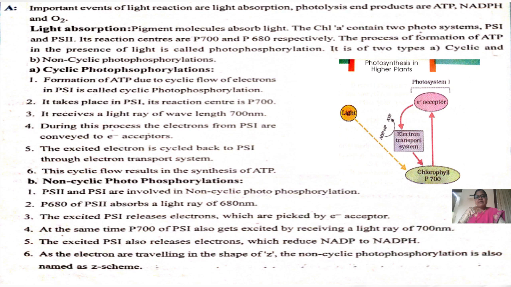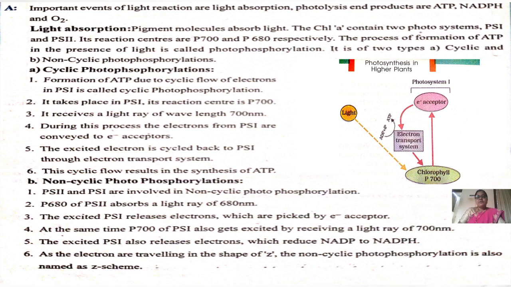Where are these reaction centers present? In the light harvesting complexes, there is a special chlorophyll, which we call the reaction center. These reaction centers are different in the two photosystems.